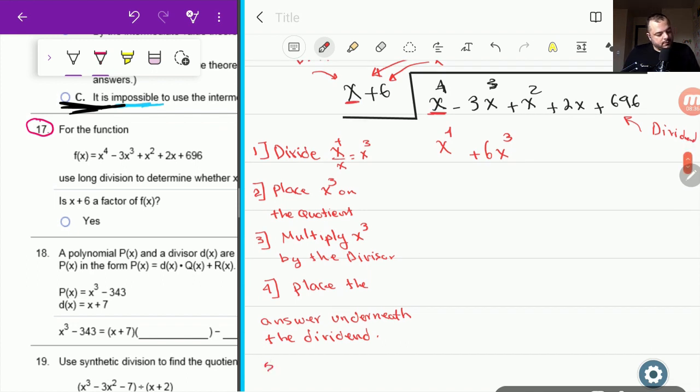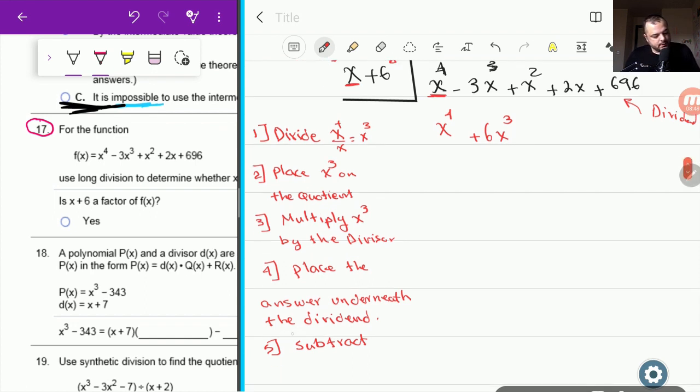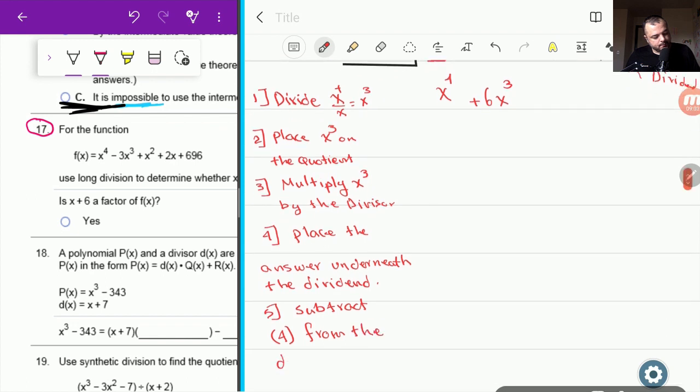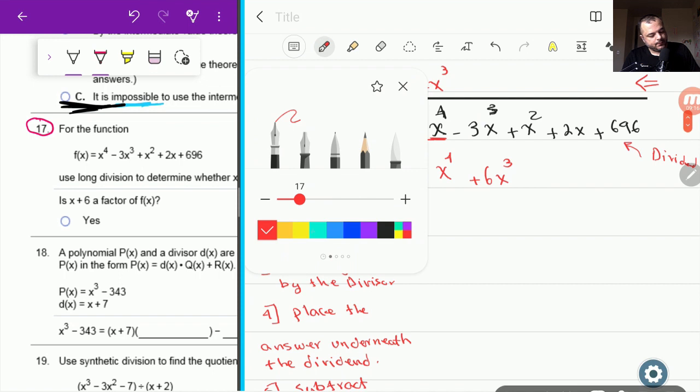Step 5, we are going to subtract. Subtract what you got from the multiplication from the dividend. So I'm going to subtract now.